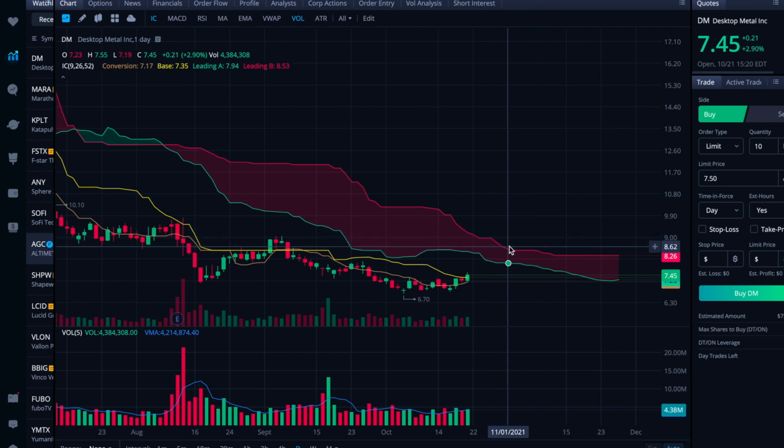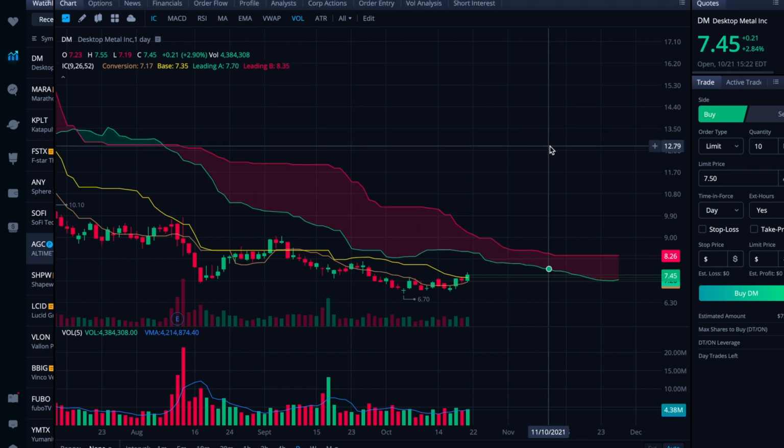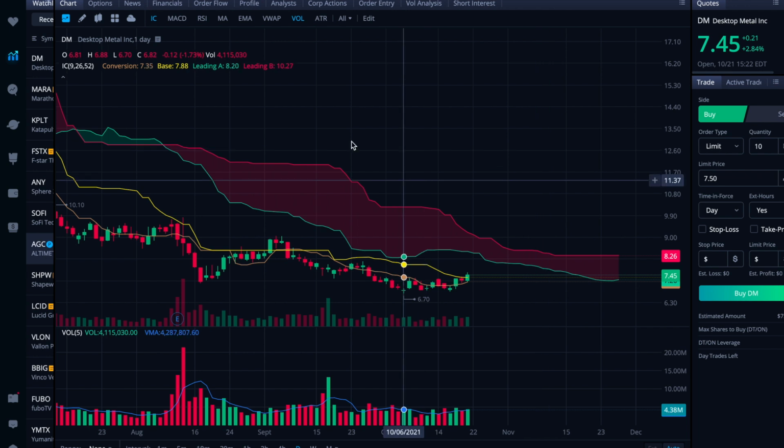But to do that at this juncture, it's going to need to get somewhere between $8.60 and $9. So it'd be a pretty significant percentage change to the upside over the next week and a half, maybe 2 weeks. But just an interesting setup there.